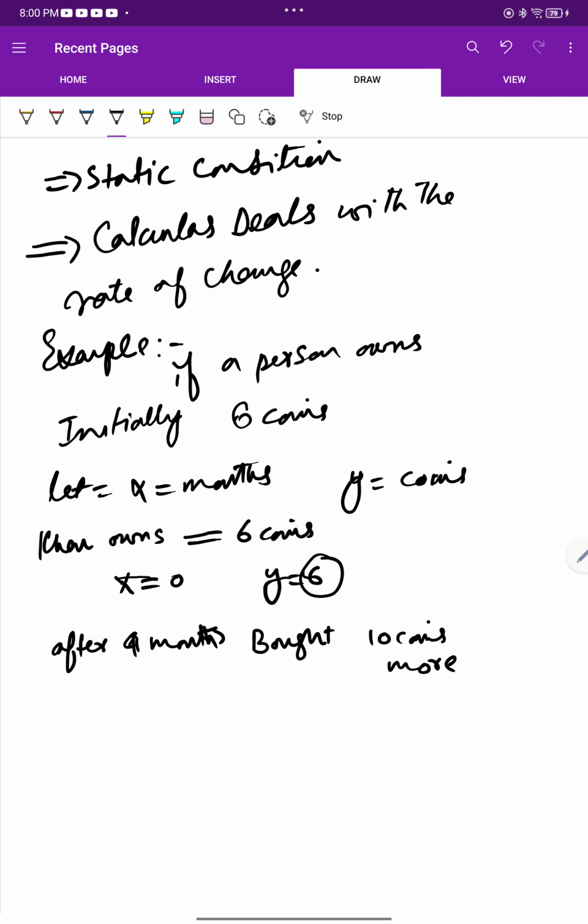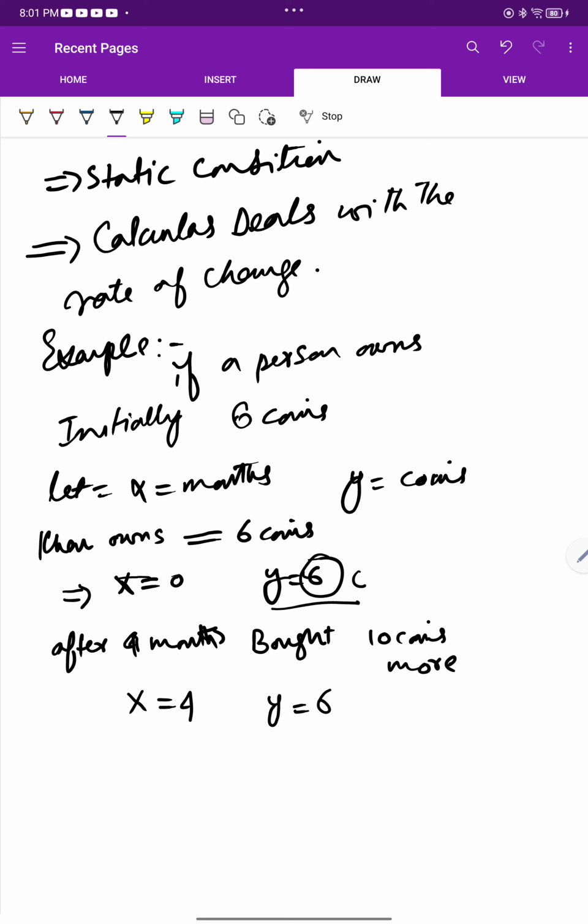When someone has six coins initially, x is 0, y is 6, and there is no duration. We didn't count it. It starts from the beginning, from the center of the graph, and y is equal to six coins. Then after 4 months, x will be 4, because x represents the month. So now x is equal to 4, and what will y be?